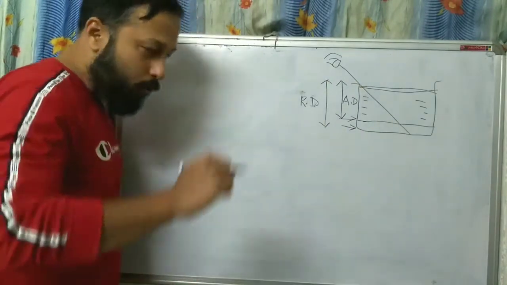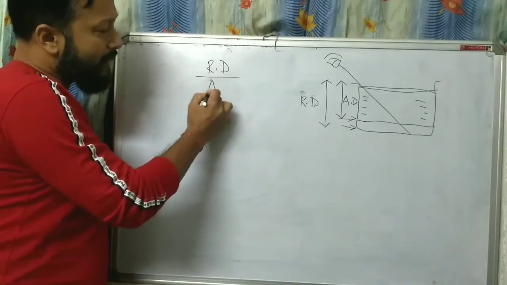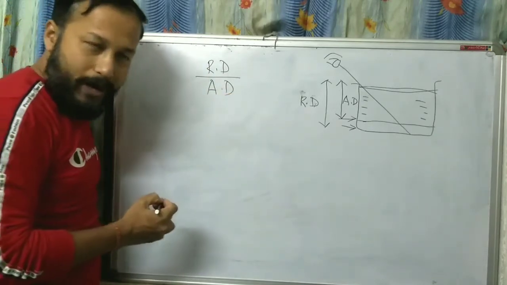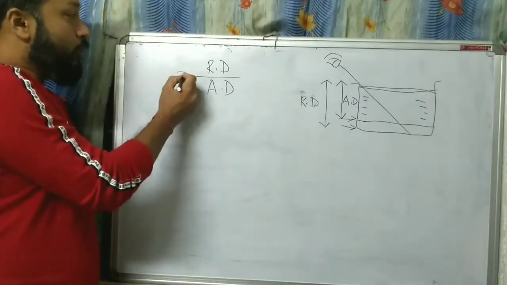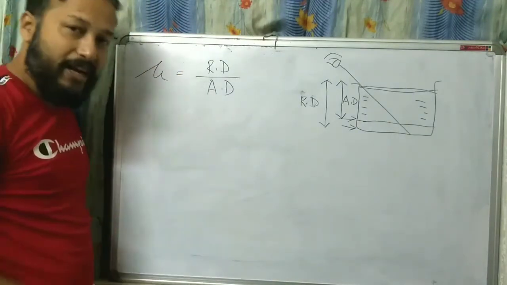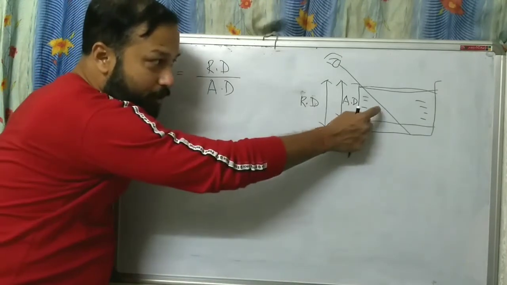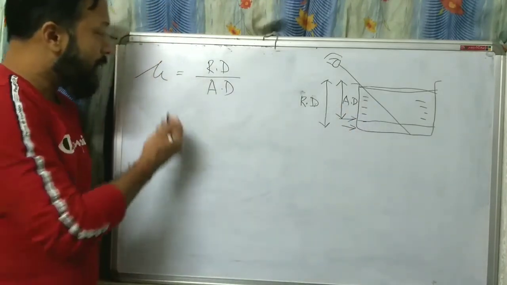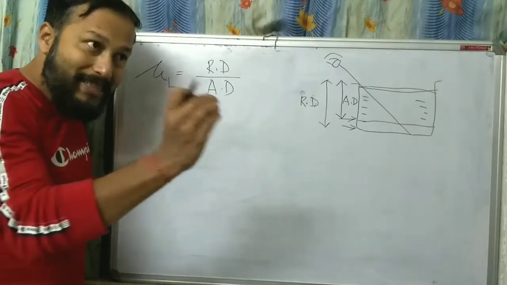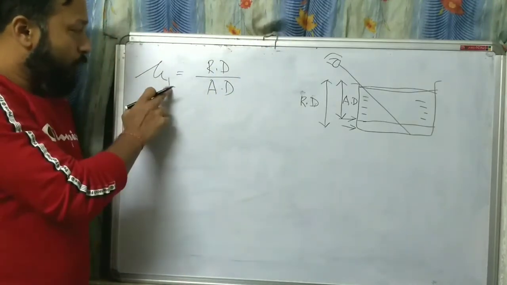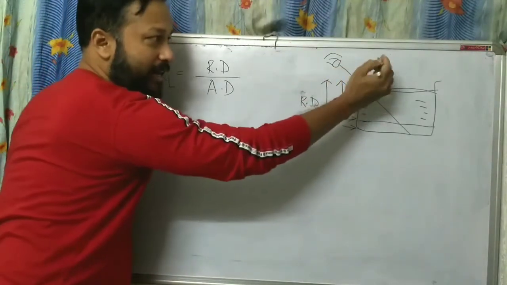Now if you divide this real depth by this apparent depth, then you get the refractive index. Refractive index of which liquid you are using here? Say we are using a particular liquid, say L. L is that particular liquid, L with respect to A. A means air.